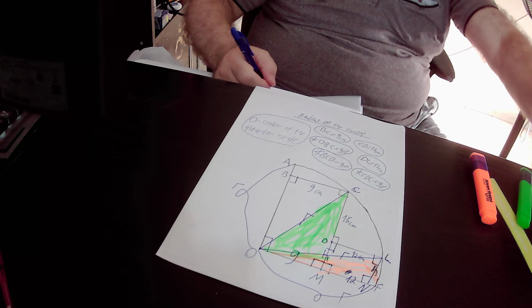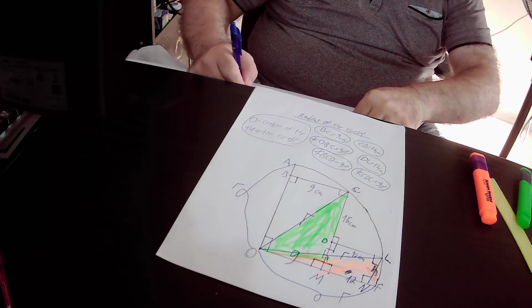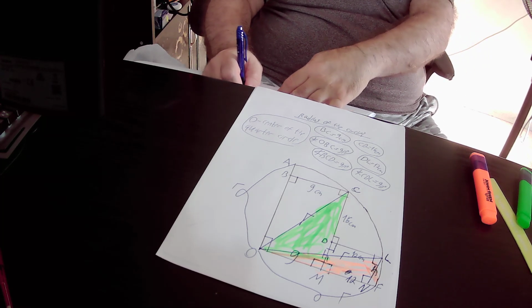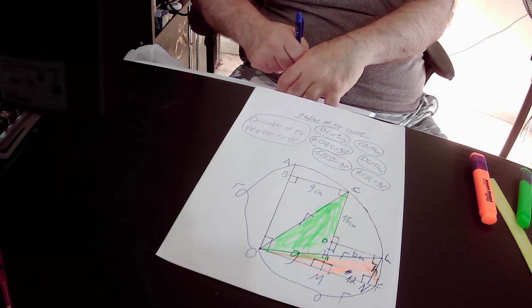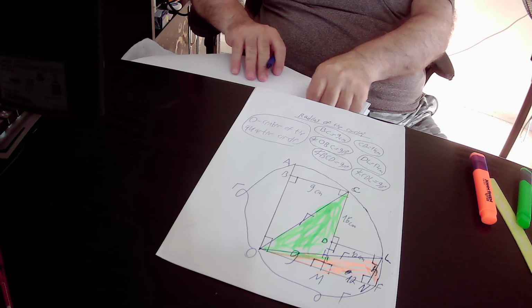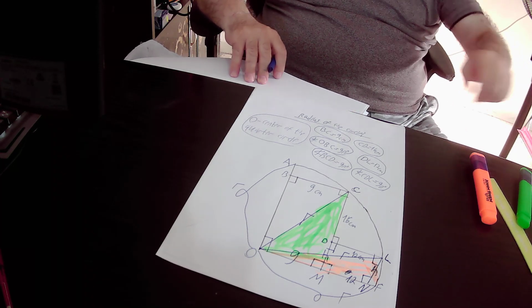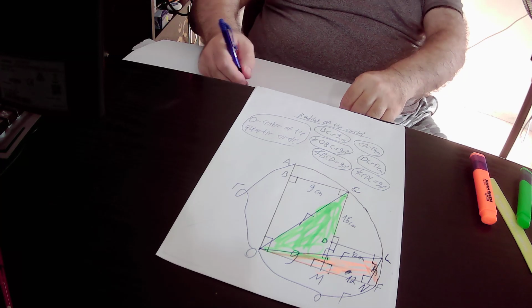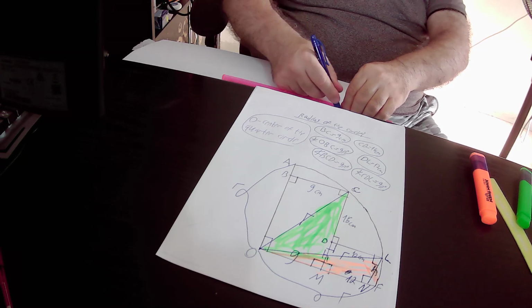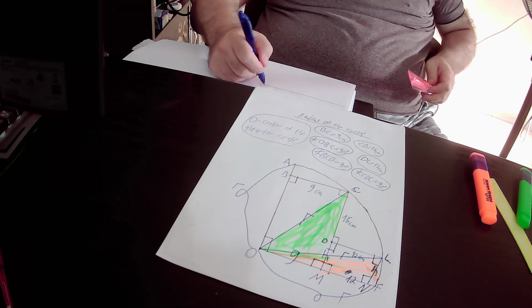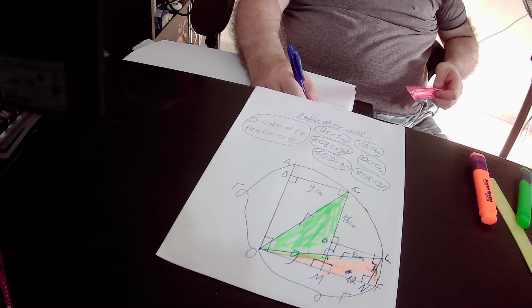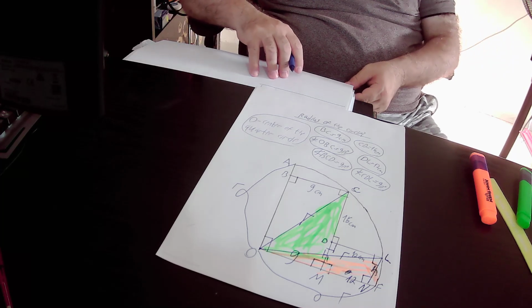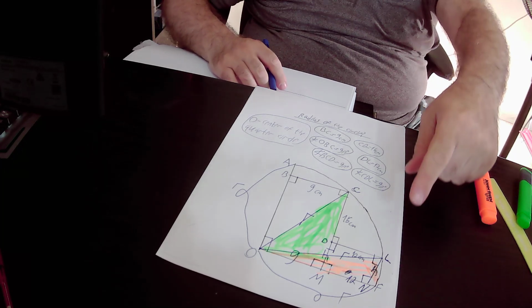So ON equals R, therefore OL square will be equal to R square, and it is equal to LN square.